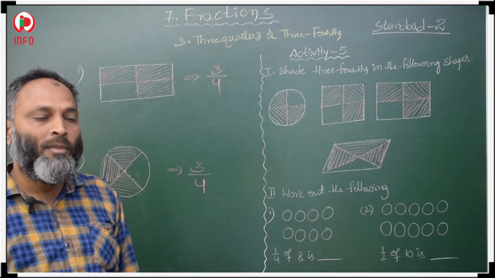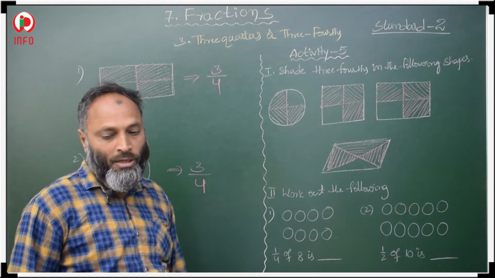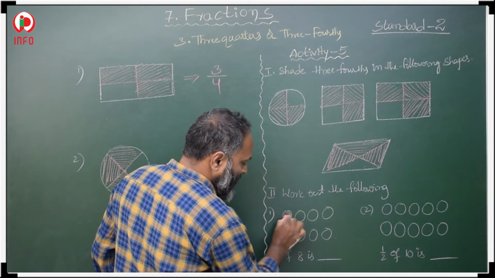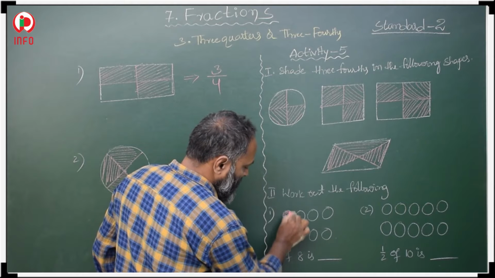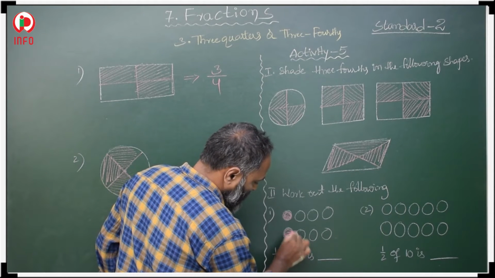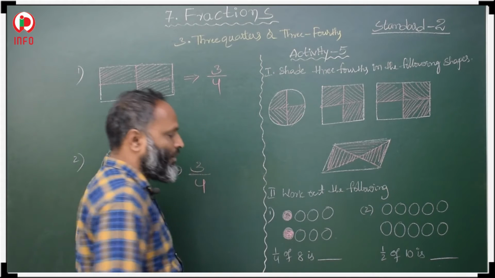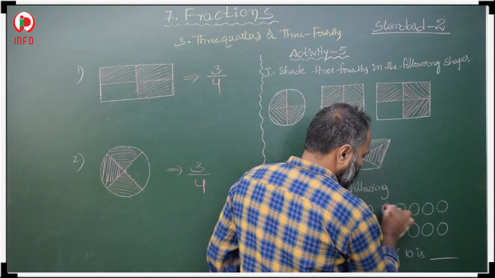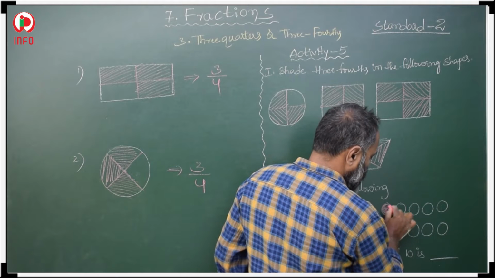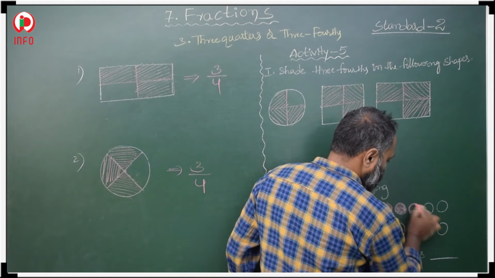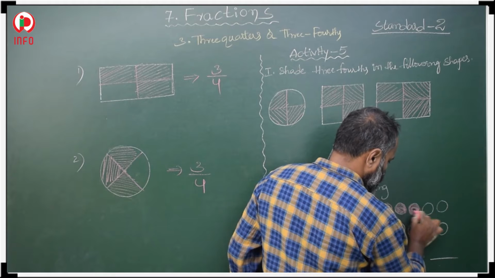Okay. Now here in this picture, he has already shaded the first circle and this circle. Here one complete row is shaded.